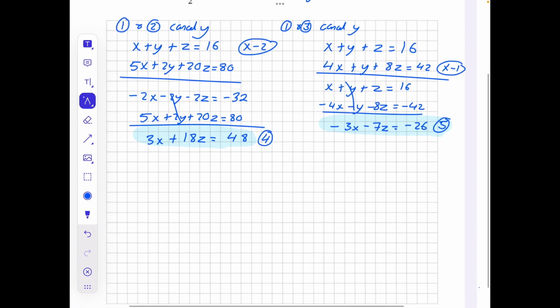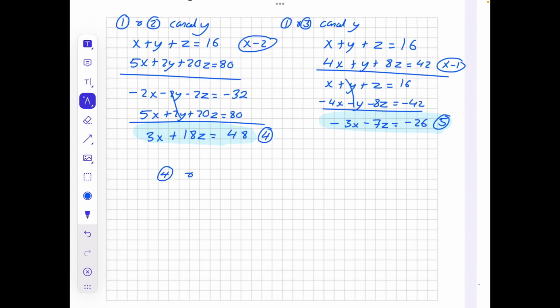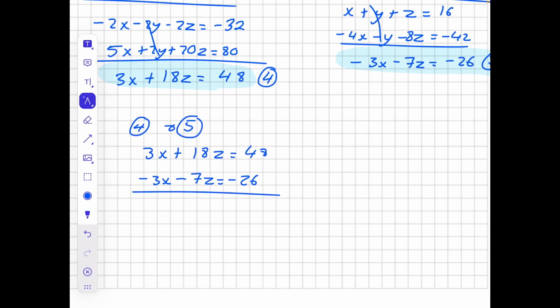Now that I have equation 4 and 5, I'm going to work with the two of those, and I'll be able to solve for one thing. So we have 3x plus 18z is equal to 48, and minus 3x minus 7z is equal to minus 26.